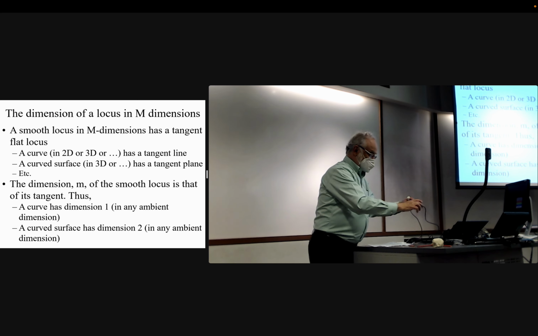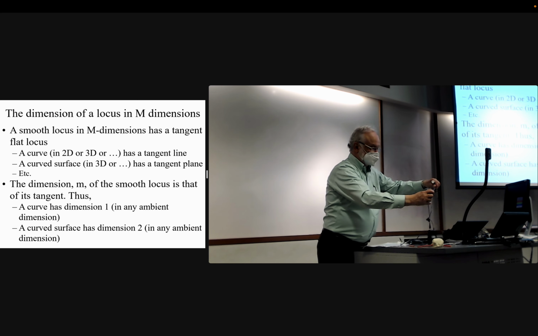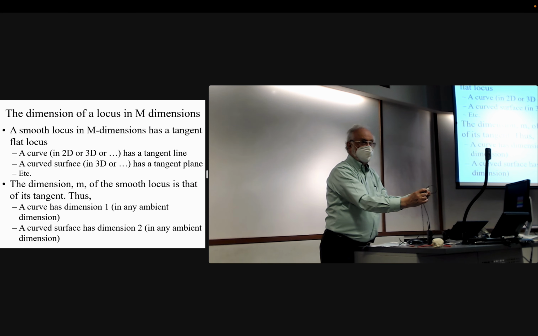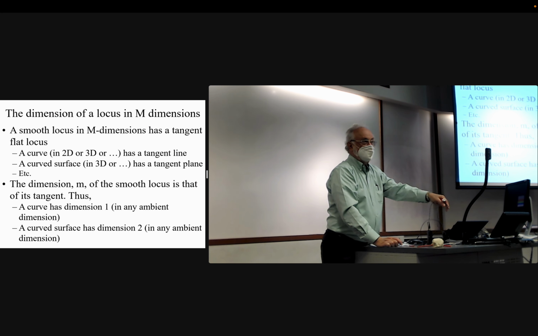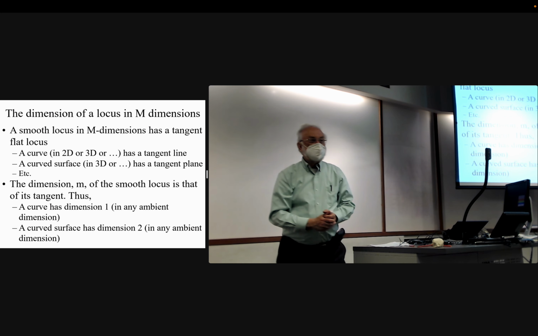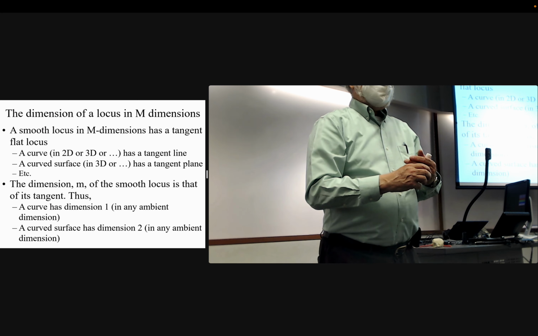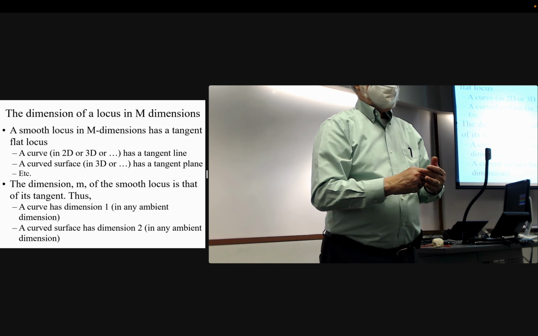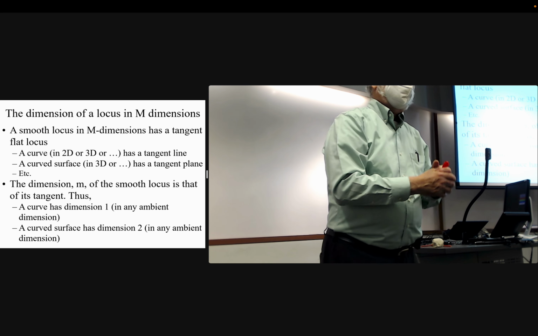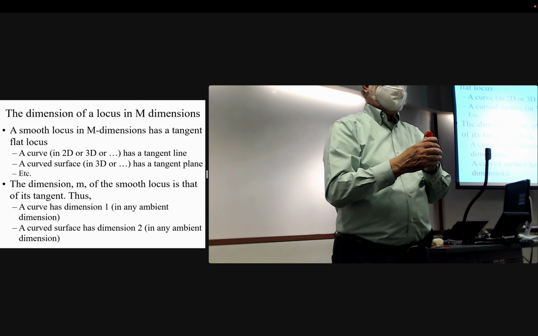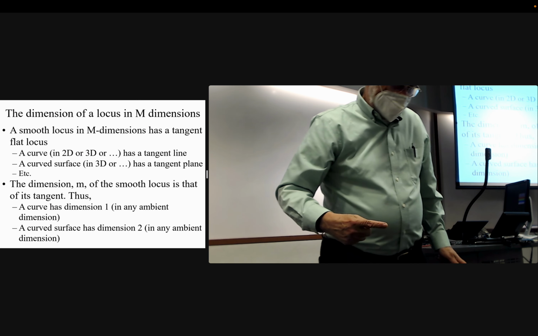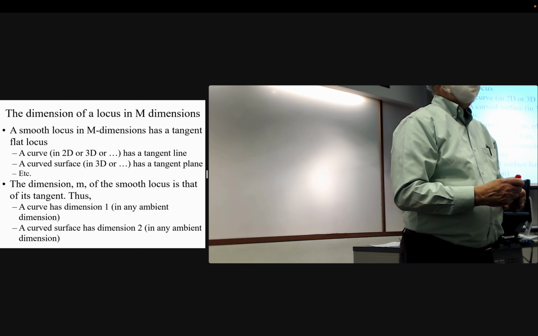If we have a space curve at a point here, we have a tangent line. And the idea is that the dimension of the locus that we're talking about is essentially the number of degrees of freedom as you walk along that thing, which is the same as the number of degrees of freedom as you walk along that tangent.